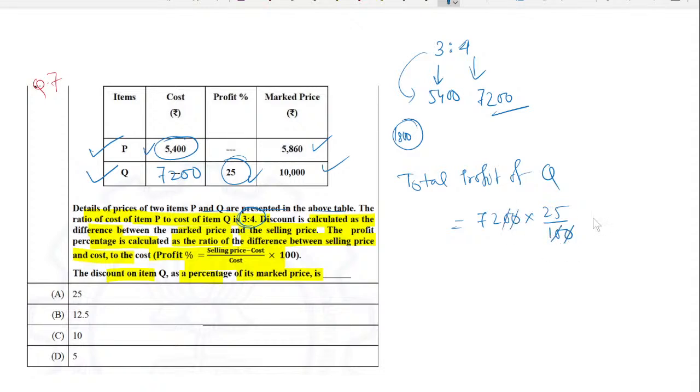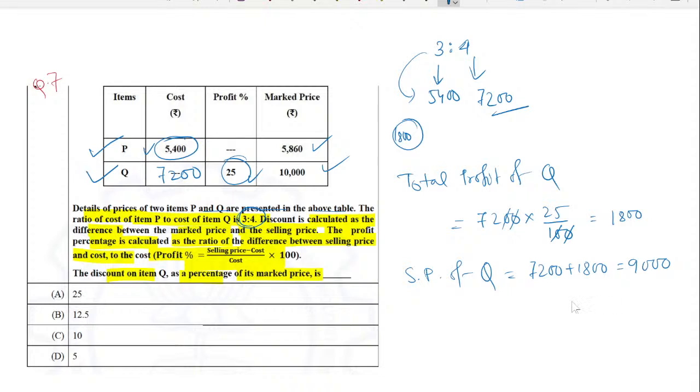If we calculate, 72 into 25 is equal to 1800. Therefore selling price of Q is equal to 7200 plus 1800, which is equal to 9000.